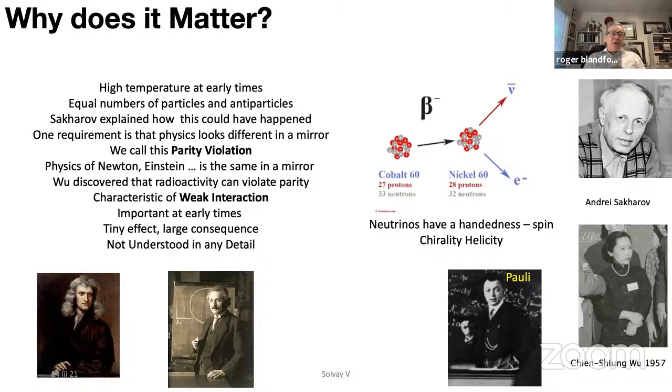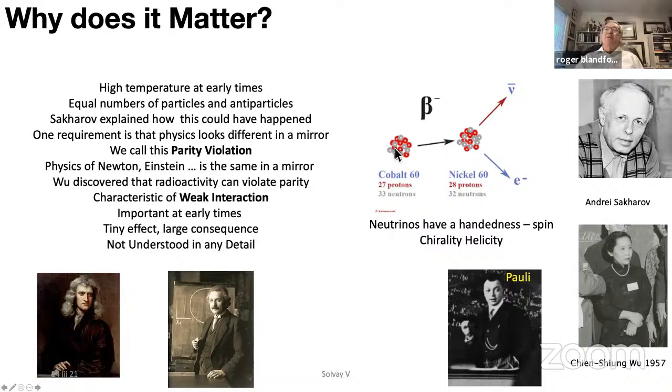But it came as a big shock when Chien-Shiung Wu in 1956 did an experiment stimulated to some extent by a theoretical speculation, and she found that in one very important type of physics interaction, the so-called weak interaction, parity is violated, and it looks different in a mirror.